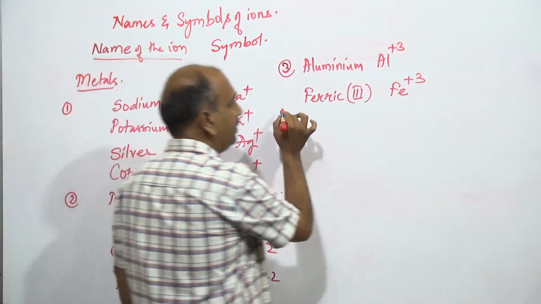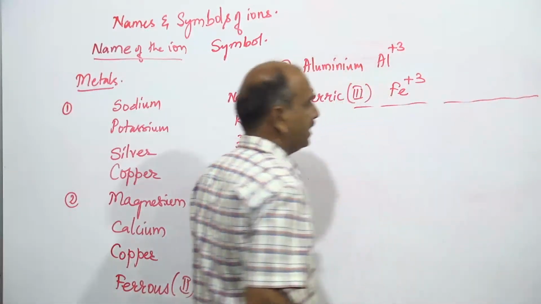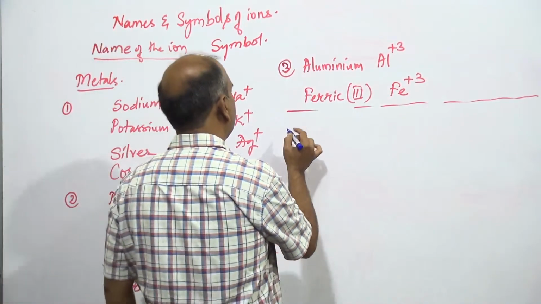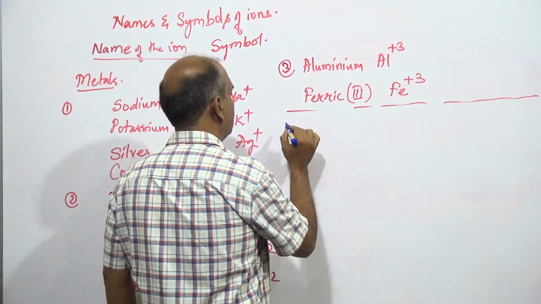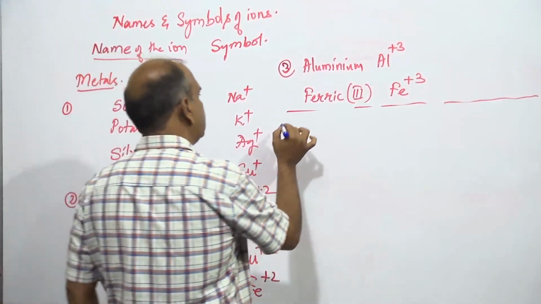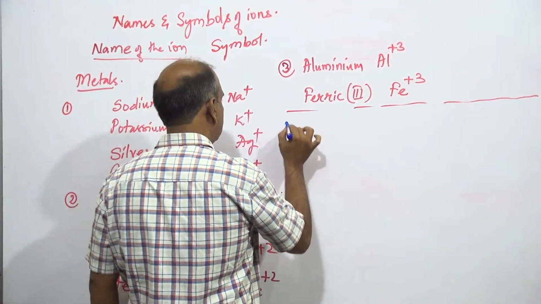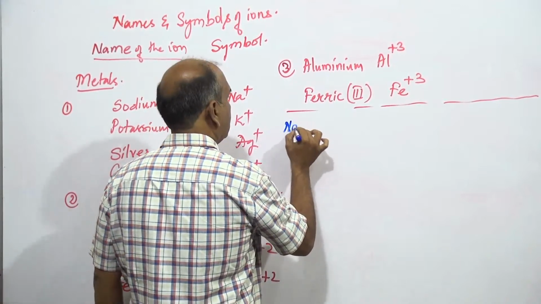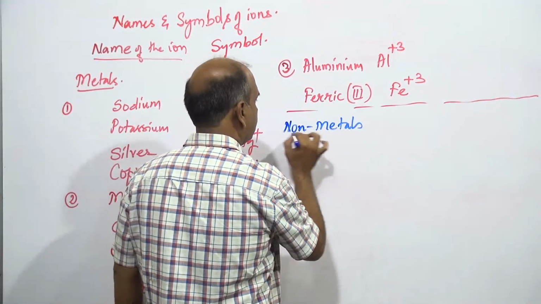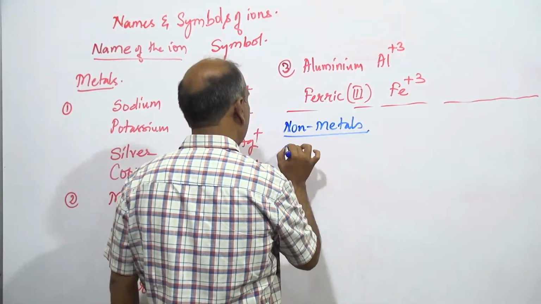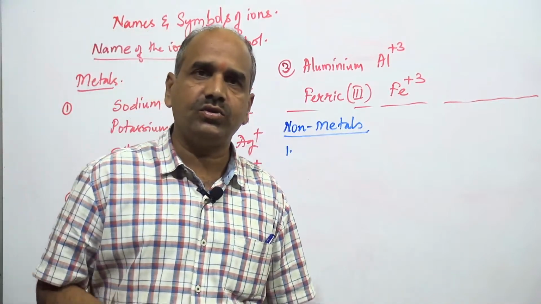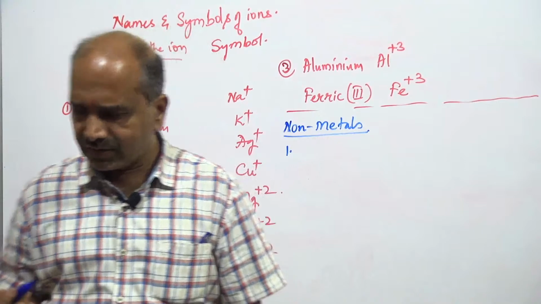The next set is non-metals. So in the non-metals, again with the -1 charge, the -2 charge, and the -3 charge.